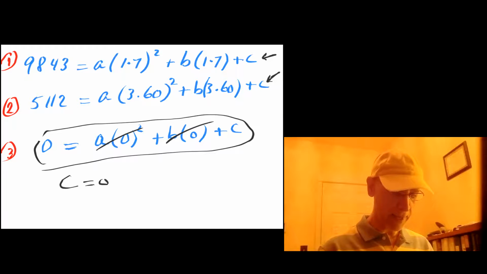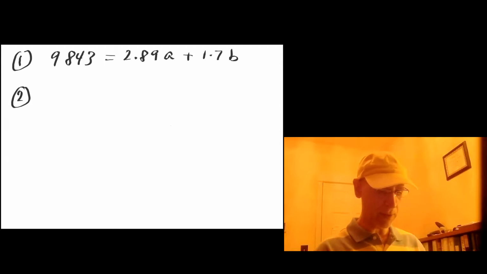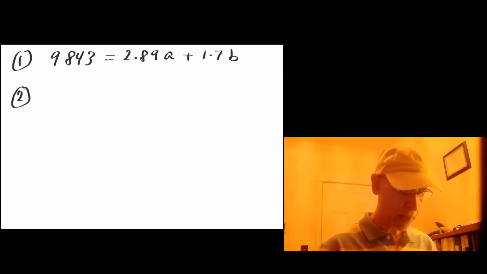Let me go to the next page. So I'm going to change equations 1 and 2 to 9843 equals 1.7 to the second power, which is 2.89, times a, plus 1.7b. I'm not going to write the c anymore.